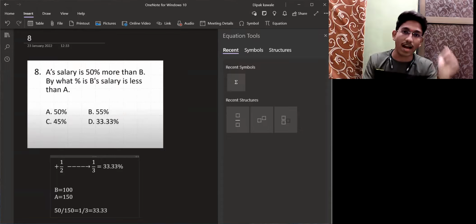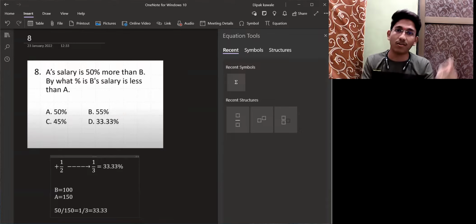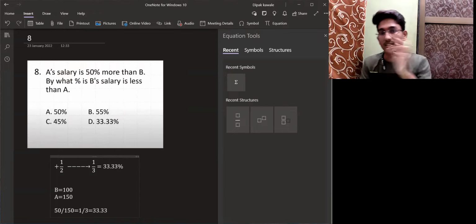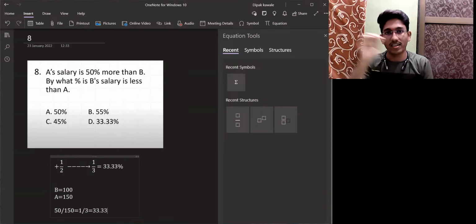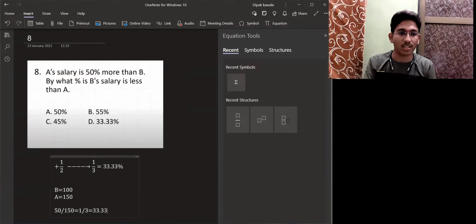If it is more, then add it with the numerator. If it is less, subtract it from the denominator, and the B's value, that is the other side value, will be the same numerator divided by our newly found value. In this question, it is 1 by 2 plus, so it becomes 2 plus 1, 3, 1 by 3. Great.